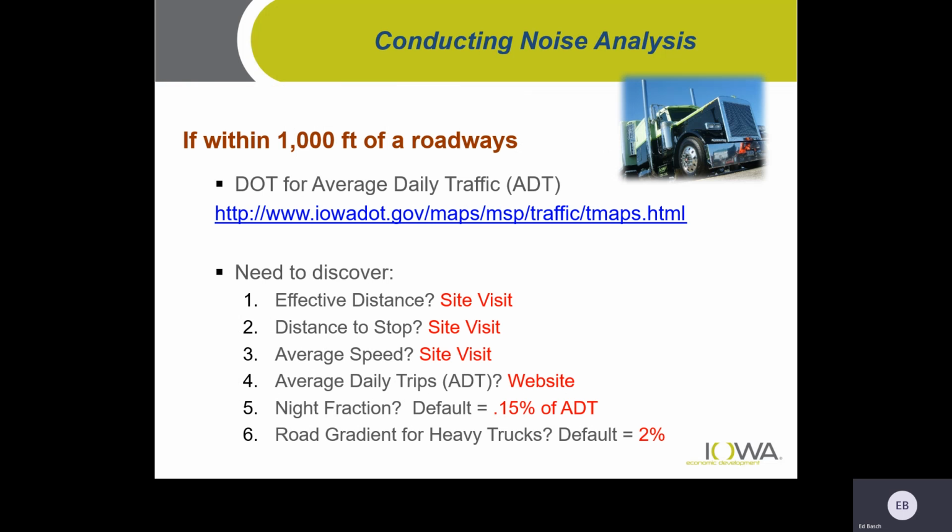If you are within 1,000 feet of a roadway, we'll define what the threshold is for that in a few slides, but look for the average daily traffic count at the DOT website.